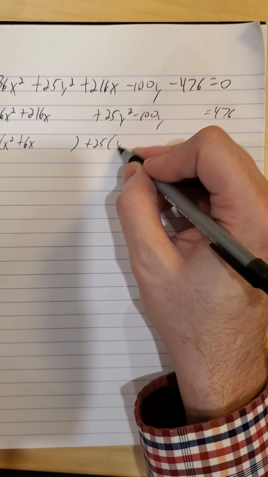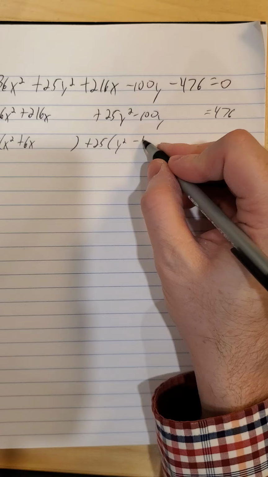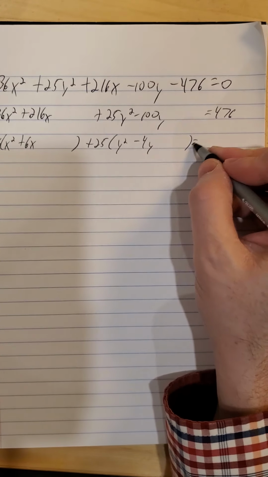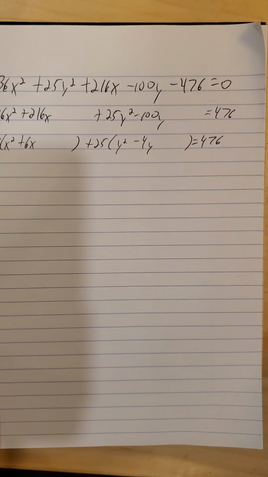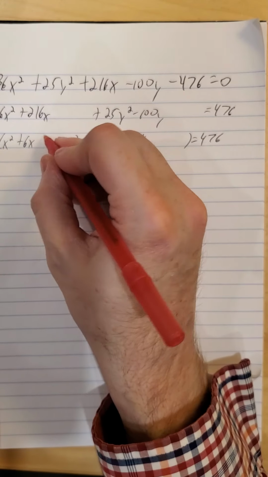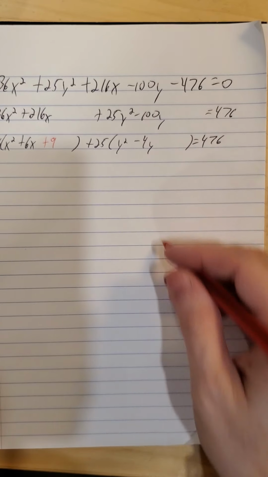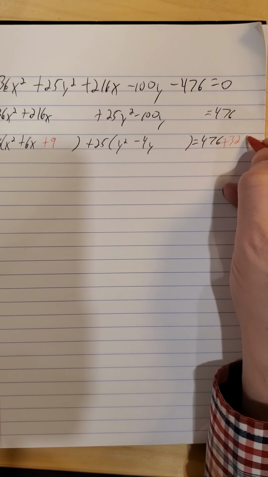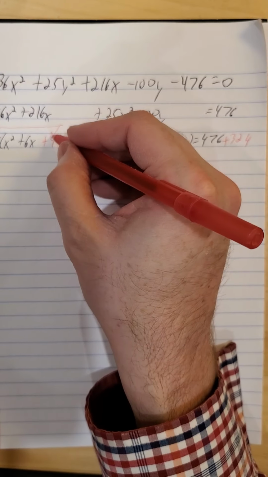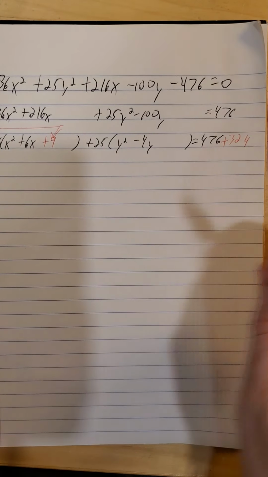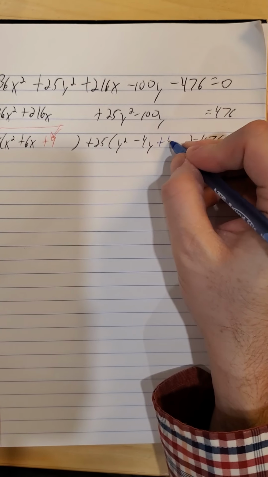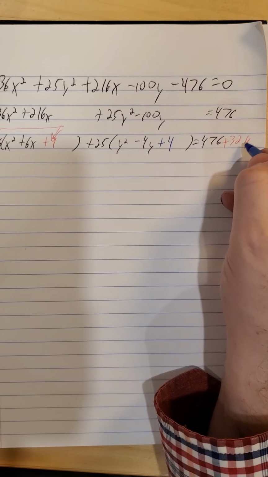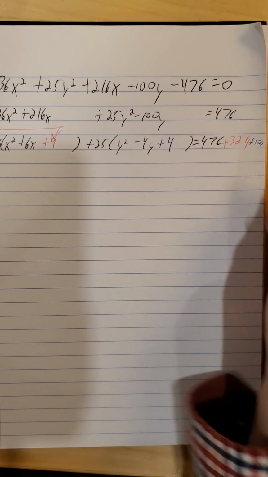Factor out 25 from the next group. So then half of 6 was 3, 3 squared was 9, but 9 by 36 is 324. So you hopefully added 324 to both sides, remembering that we have to take that 36 into account. Similarly, when I put the plus 4 here, it's really a plus 100.